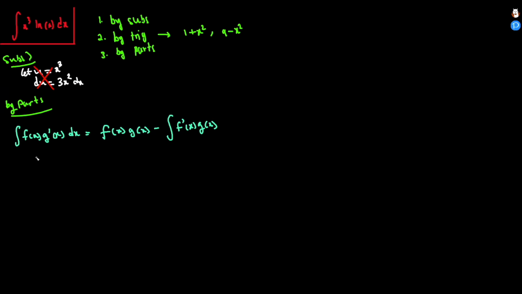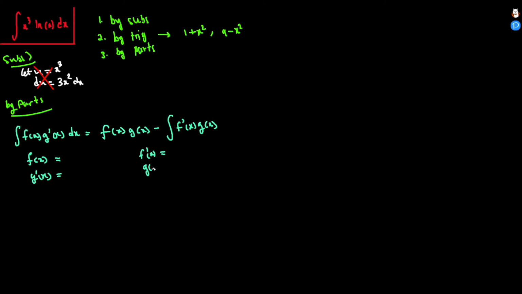The trick here is to realize that whatever we pick, we will eventually need the derivative of f and the integral of g, because we need f prime of x and g of x for these two parts.